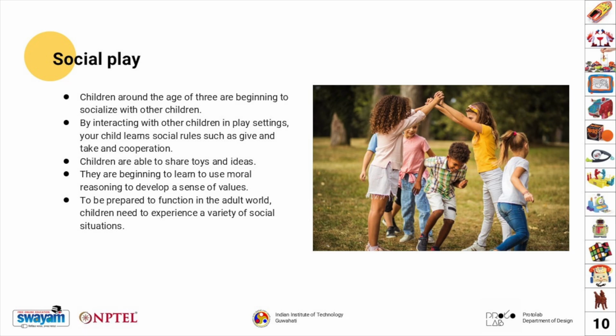Children learn fairness, empathy, compromise, and conflict resolution. For example, in a simple game, children may decide who goes first, who leads, and what the rules are. They begin learning that play depends on shared agreement.